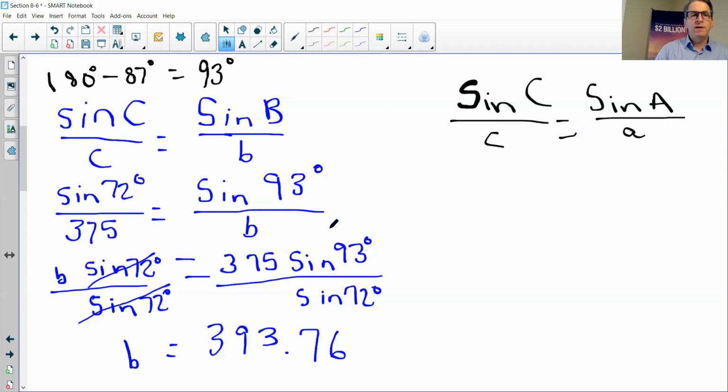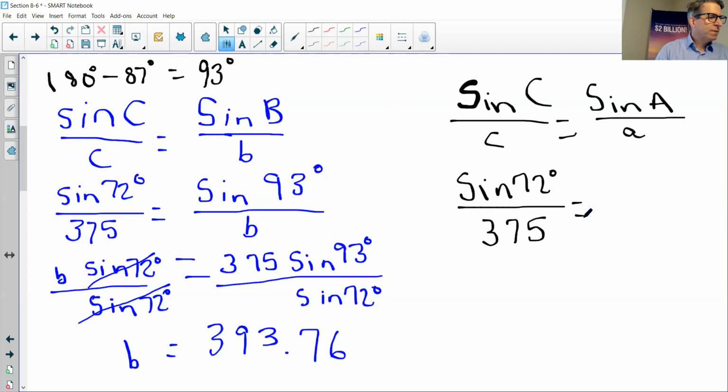So the sine of C is the sine of 72, and we're going to divide that by c, which was given to us in the problem, 375. Angle A is 15 degrees, so sine of 15 degrees divided by a.